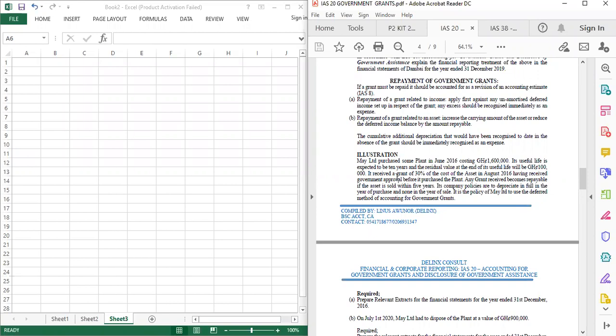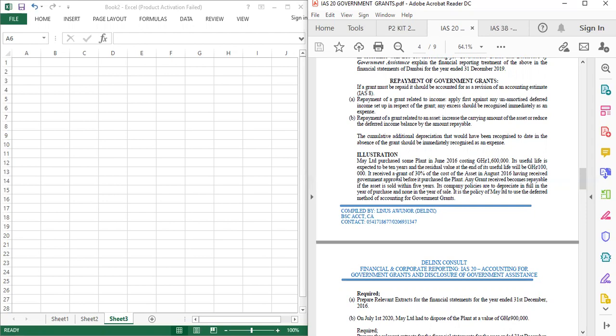Any grant received becomes repayable if the asset is sold within 5 years. Its company policy is to depreciate in full in the year of purchase and none in the year of sale. It is the policy of May Limited to use the deferred method of accounting for government grants.